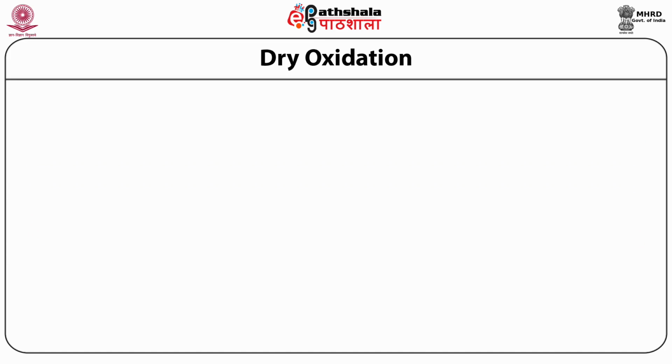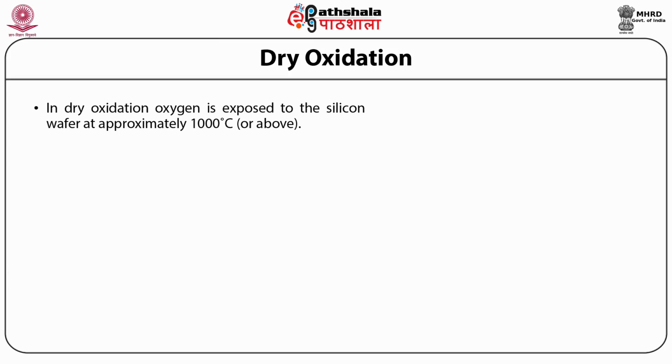So as we have discussed before, the thermal oxidation process consists of two processes, dry oxidation and wet oxidation. So let us first discuss the dry oxidation.